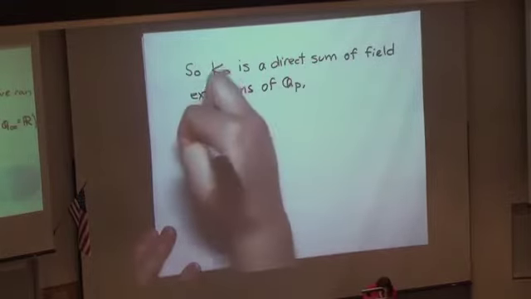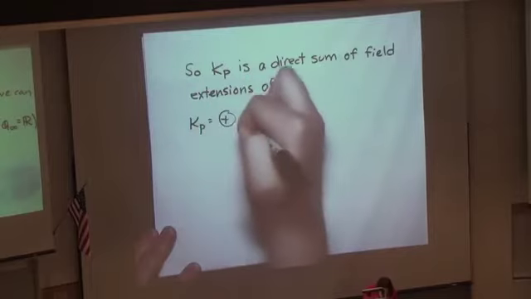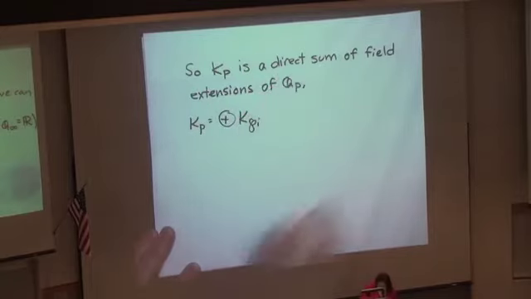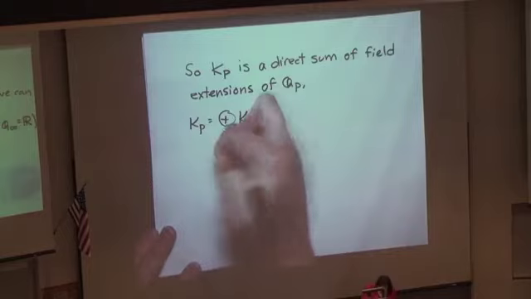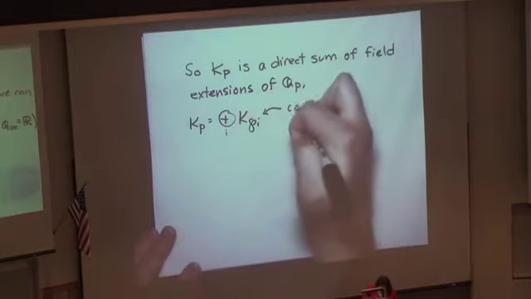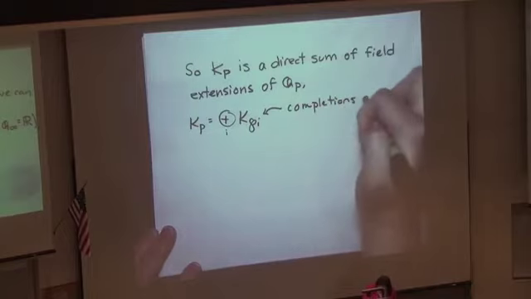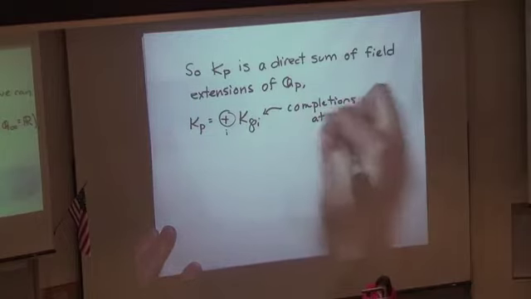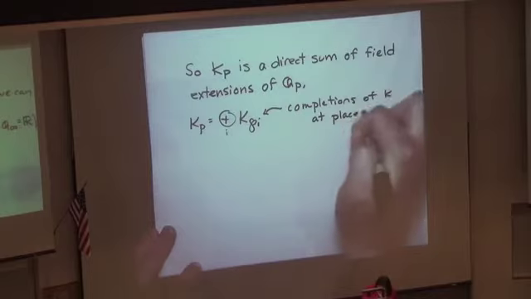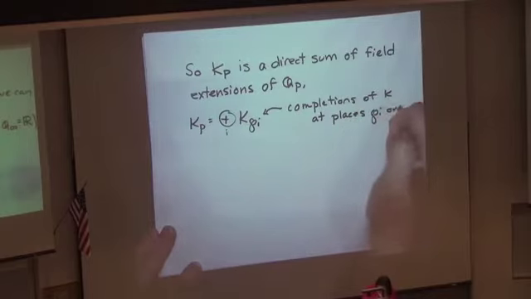More precisely, K_P is the sum of the K_{P_i}. So these are the completions of K at the places P_i.